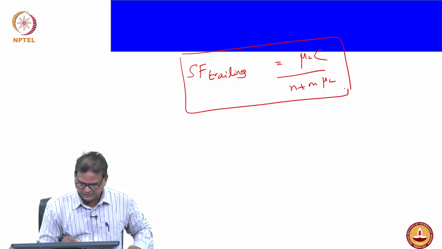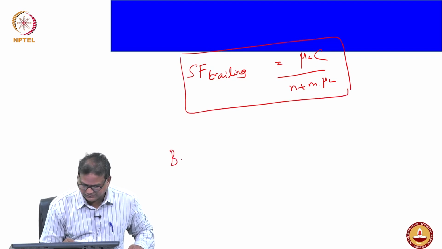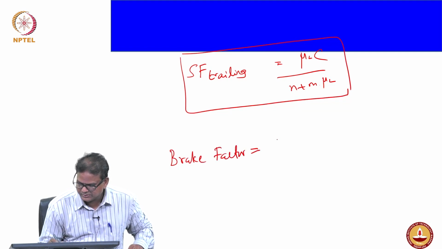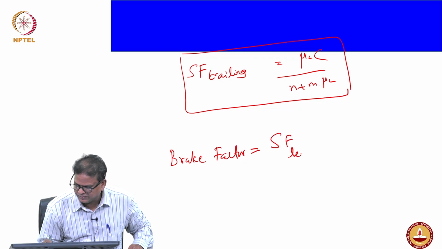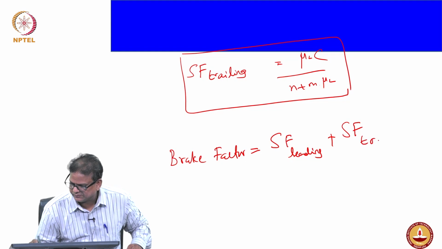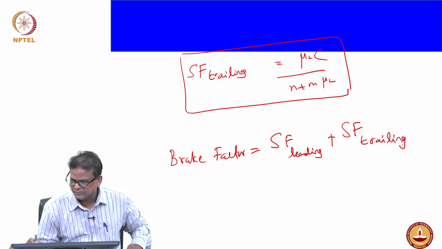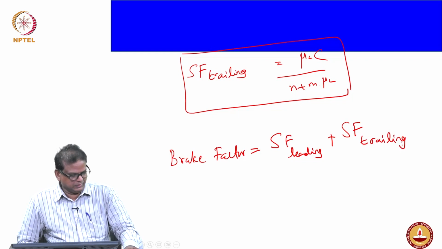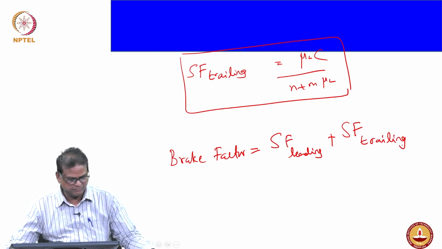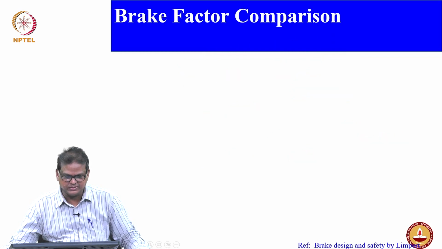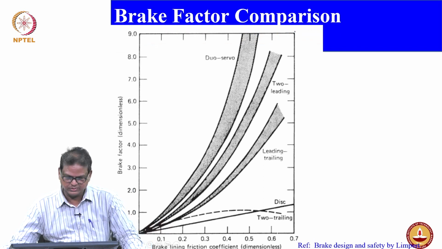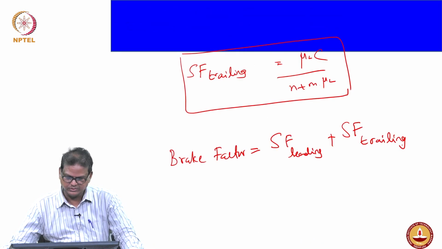When you talk about the brake factor, it is nothing but the summation of the leading shoe factor and the trailing shoe factor. This is what happens.